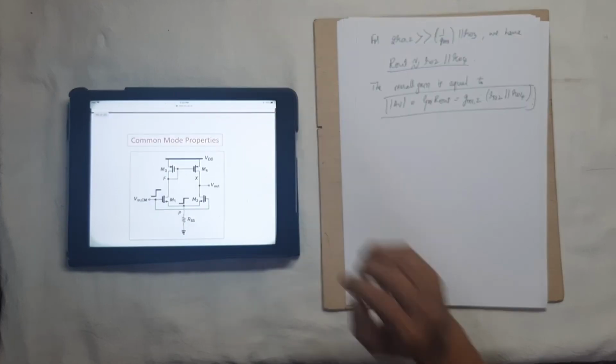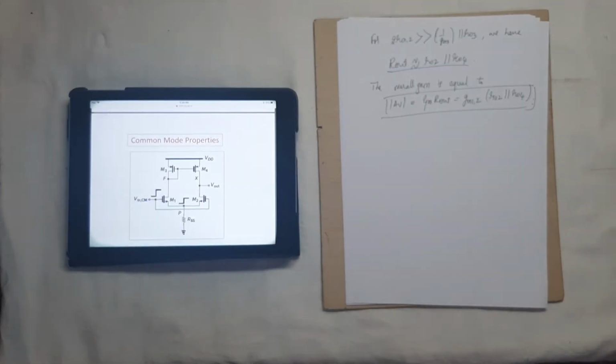Next we will see what is the common mode property. Look into the circuit. The circuit has a common mode voltage V in Cm applied to both the inputs of the transistors M1 and M2. How do we define the common mode gain here?